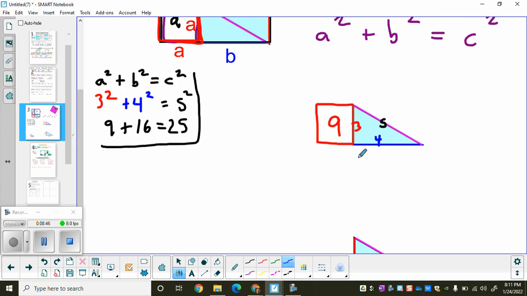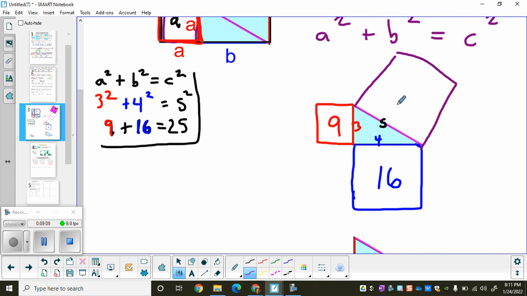Then I have this one. This is this side squared. 4 squared is 16. So I have a 9 and a 16. That's the 9 right here and the 16 right here. And we said that it equaled this side squared, which was 5 times 5, which is 25.